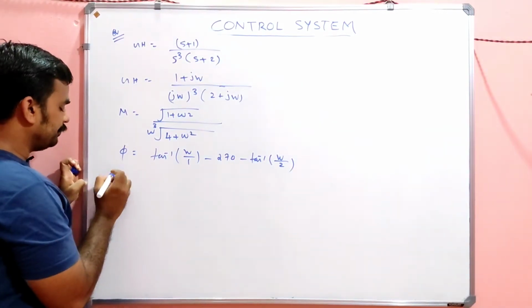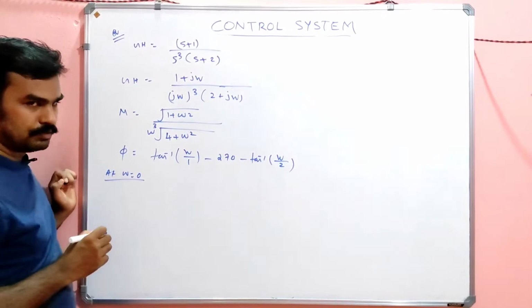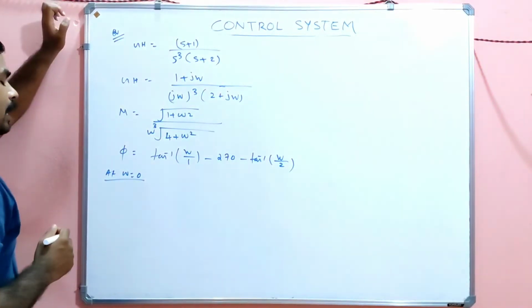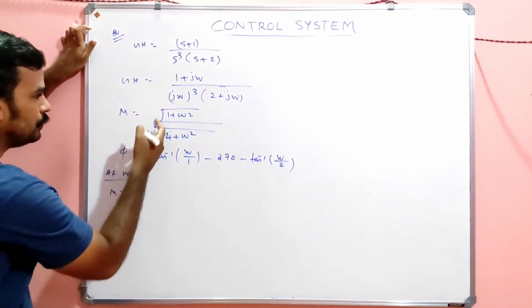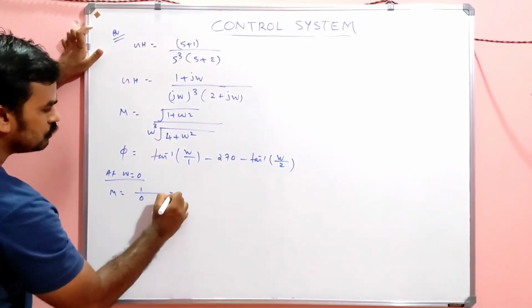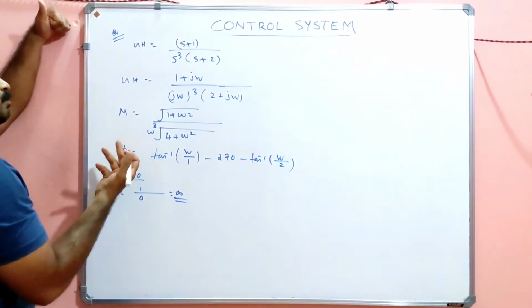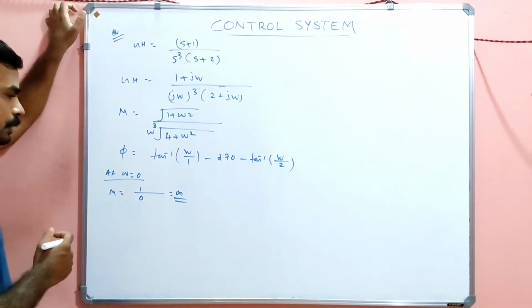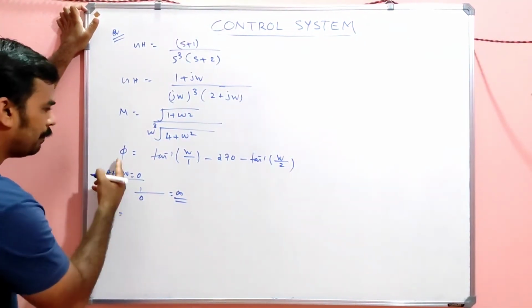So what will be at omega equal to 0? Let's check that first. At omega equal to 0, what will be the magnitude? Put omega equal to 0, it means 1 divided by 0, simply infinity. Next, what will be the phase angle phi?